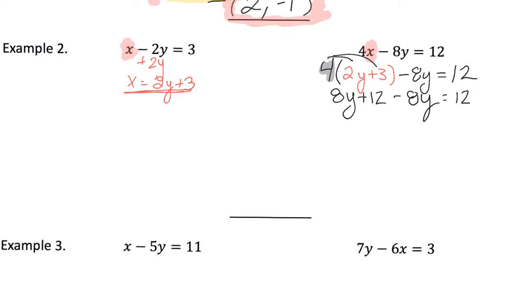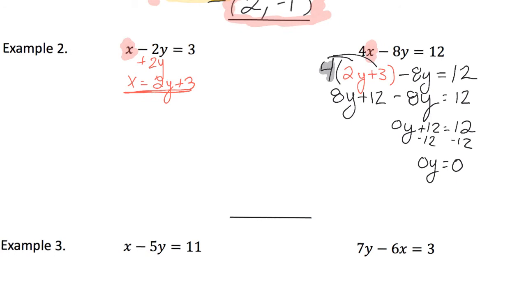So 8y minus 8y gives me 0y plus 12 equals 12. This seems kind of weird, doesn't it? So now I'm minusing 12, and I have 0y equals 0.